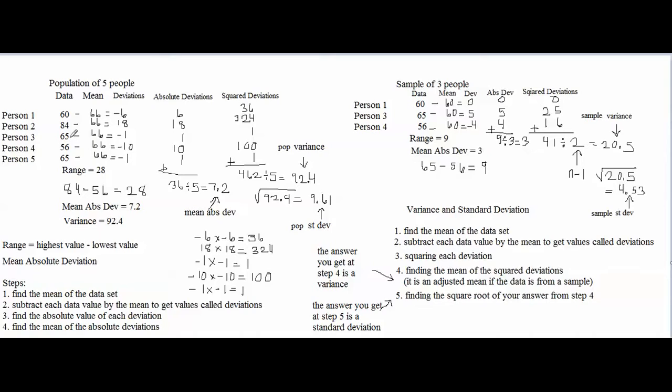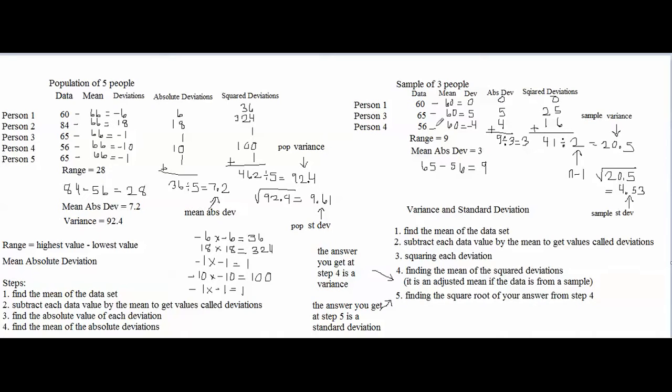And when you take a sample from the population, this actually tends to happen often. There's actually a tendency for samples to have less spread than the populations they come from. The reason why is because samples don't capture all of the extreme values that are found in the entire population, just like how this sample didn't capture the extreme value of 84.